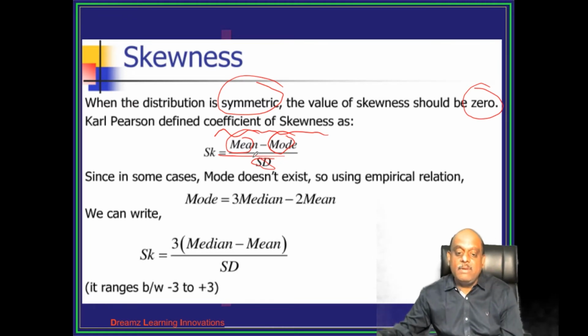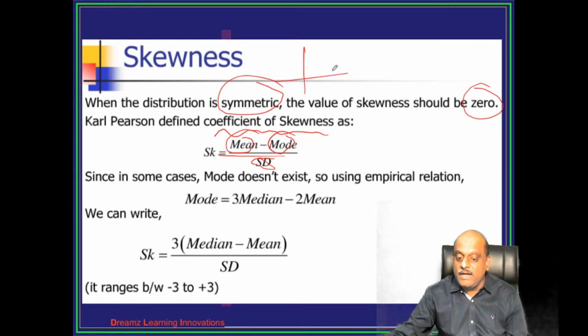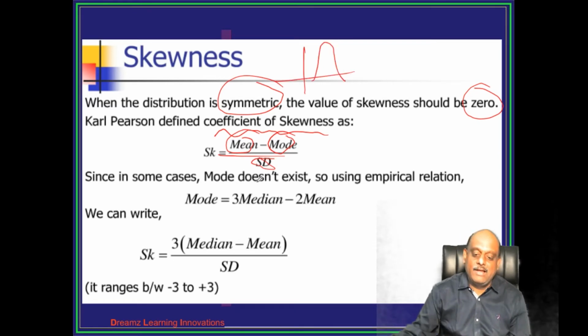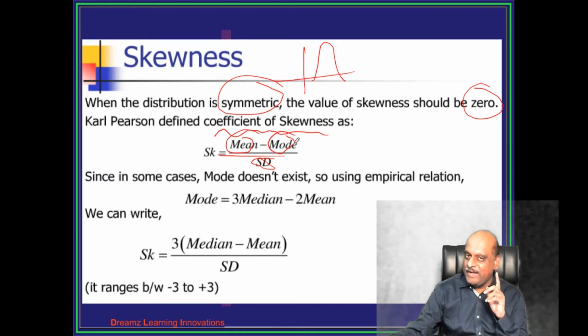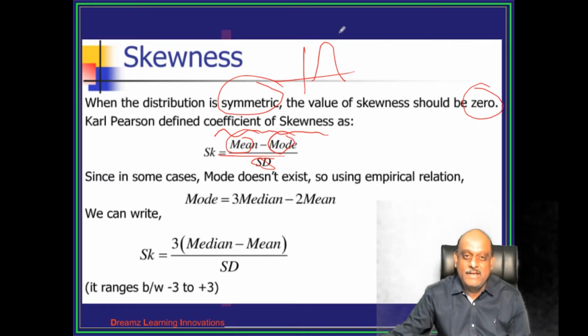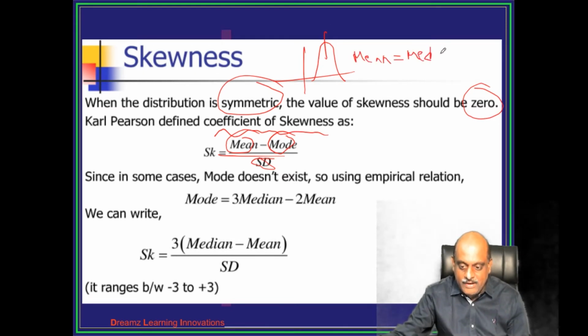Why, in a normal distribution curve, is the Pearson's skewness coefficient considered to be 0? Simple. What is a normal distribution curve? A normal distribution curve has mean equal to median equal to mode.